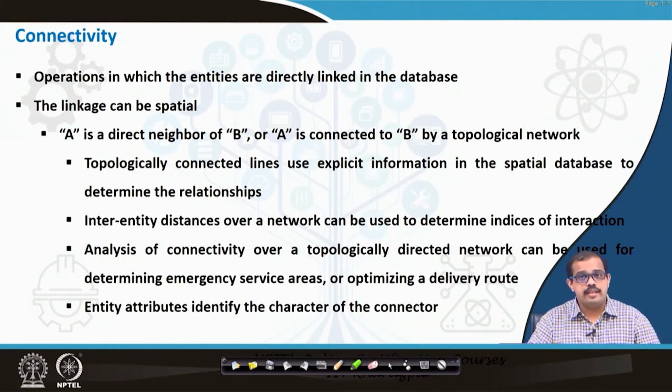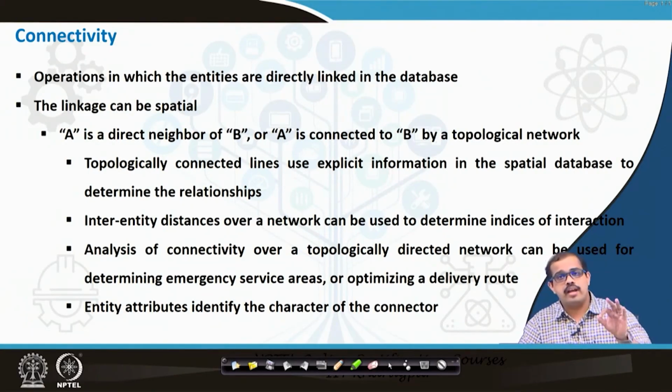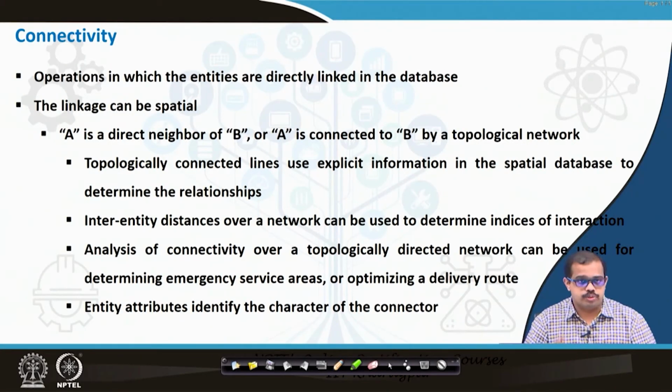Spatial databases are always determined by relationships. Inter-entity distances over a network can be used to determine indices of interaction. Analysis of connectivity over a topologically directed network can be used for determining emergency services or optimizing a delivery route. It can be used for any kind of analysis. I am just giving some examples of where a particular analysis can be used.